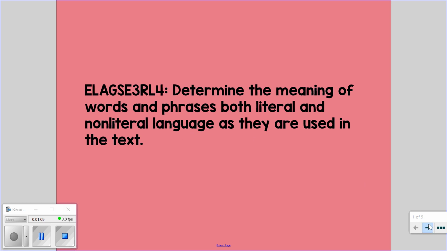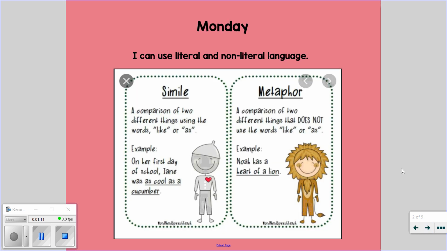So let's dive in. All right, so today is Monday, and our I can statement is I can use literal and non-literal language. So let's look at what a simile and a metaphor are. A simile is a comparison of two different things using the words like or as. Here's an example. On her first day of school, Jane was as cool as a cucumber.